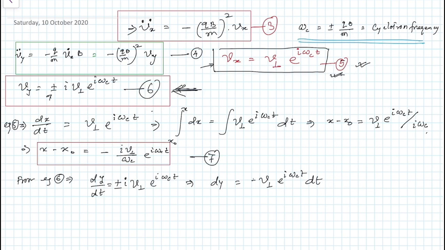Okay, now if we integrate both sides from y naught to y, then what we will get is y minus y naught is equal to plus minus v perpendicular by omega c e to the power i omega c t.